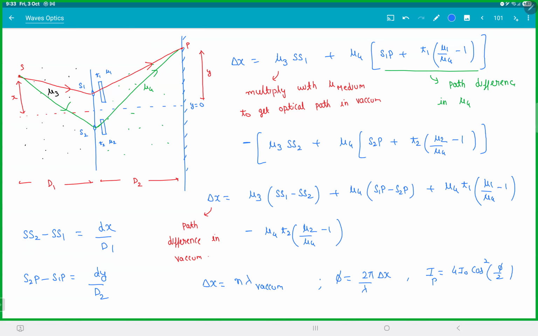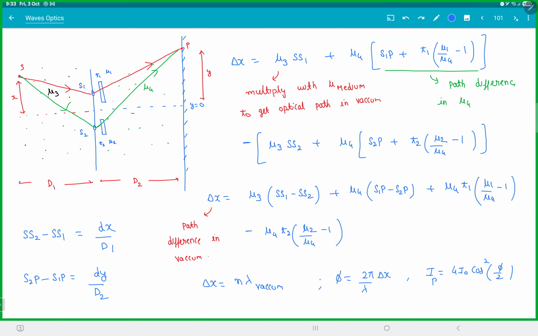Have a look at this. Can't we say here d1 is in vacuum? You can't say d1 is also in the medium. D1 is the distance between the source and the slits in mu3 medium. That's the reason we're multiplying mu3 here. So we can't do that directly at D1, D2 level.